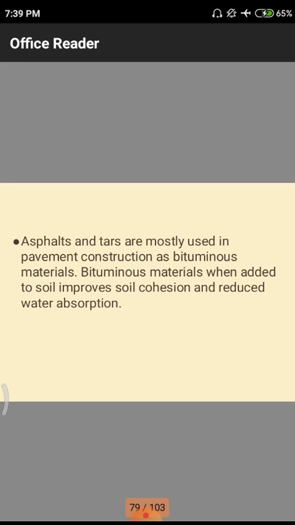Normally, when bitumen materials are added to soil, they improve soil corrosion resistance and reduce water absorption. Why? Because whenever we stabilize a soil with the help of bitumen, bitumen is a non-polar solvent.